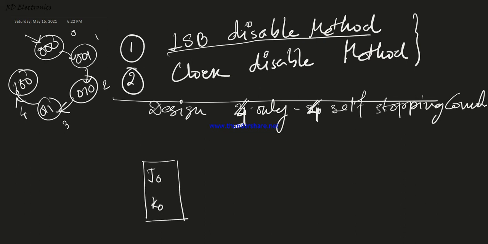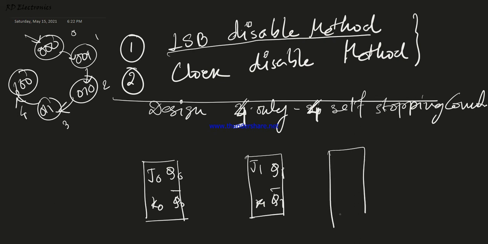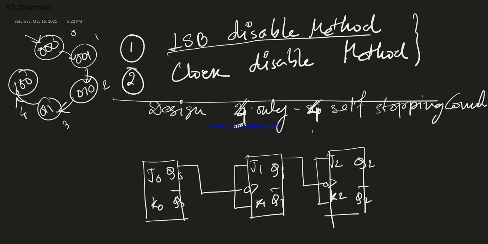This is J0, K0, with Q0 and Q0 bar, the second flip-flop is J1, K1, with Q1 and Q1 bar, and this is J2, K2, with Q2 and Q2 bar. Just like a binary up counter, we connect every JK input to VCC.